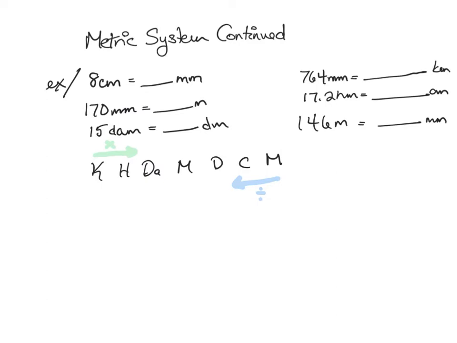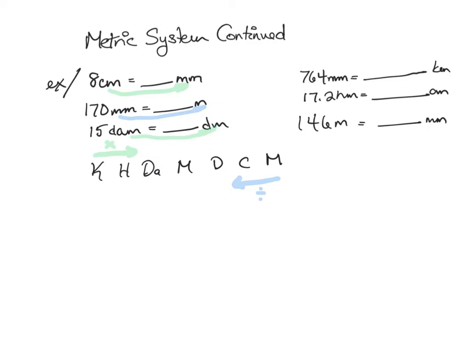So if we have 8 centimeters and we're doing millimeters, this is a green one. If we're doing 170 millimeters to meters, then this is a blue one. If we're doing decameters to decimeters, then this is a green one.